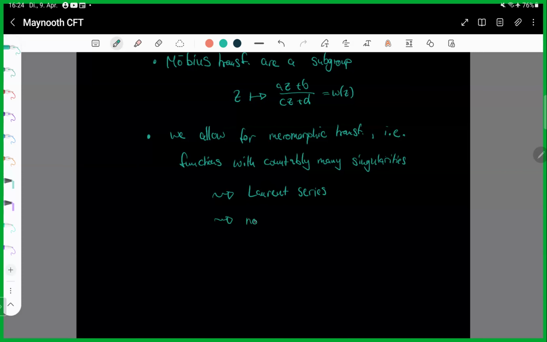And they are not going to be well defined everywhere on the Riemann sphere. They're going to be well defined mostly, but they're going to have points where they're problematic.